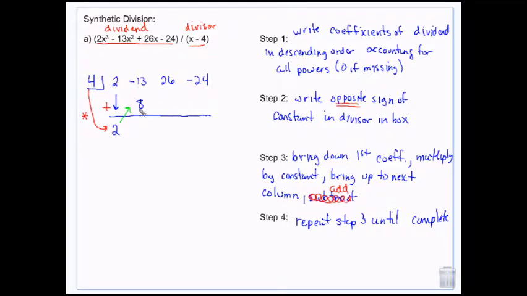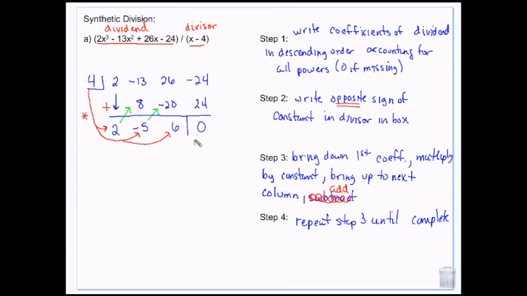And then I do negative 13 plus 8, which is negative 5, right? And then I do 4 times negative 5, which is negative 20. And then I add those and I get 6. And then I do 4 times 6 and I get 24. And that gave me 0.